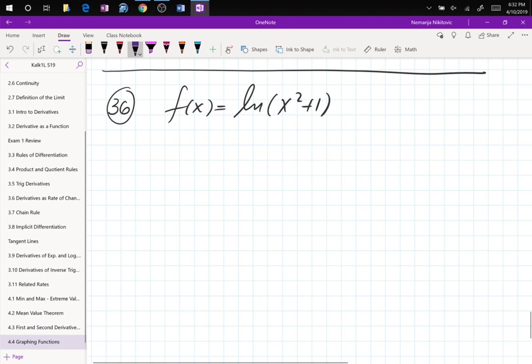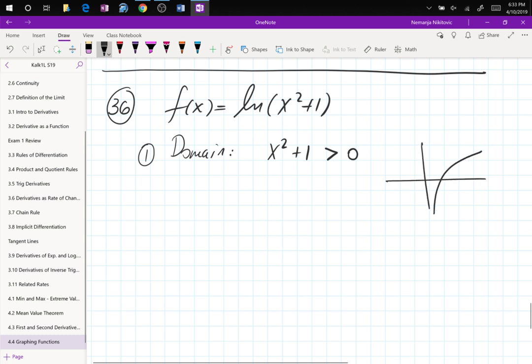You set that part, the argument, greater than 0. No equal sign, right? So for the domain, we take the argument and set it larger than 0. That's it.